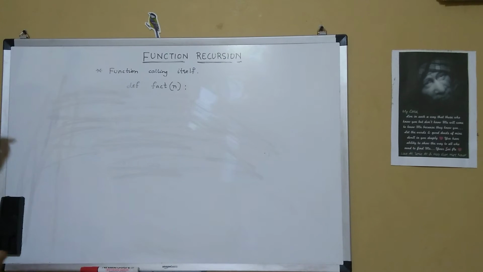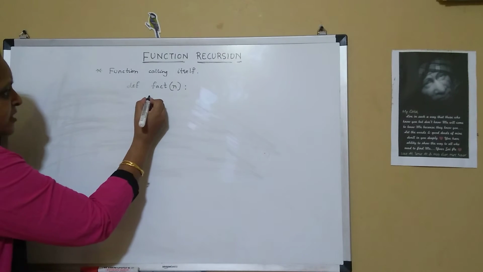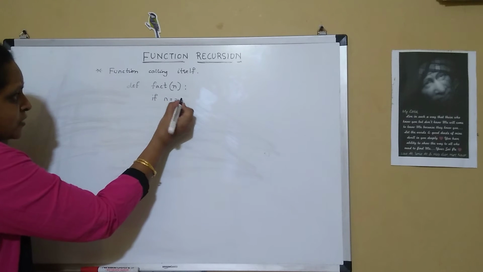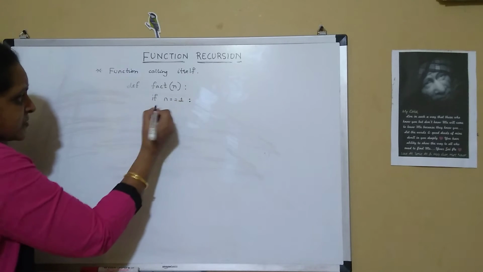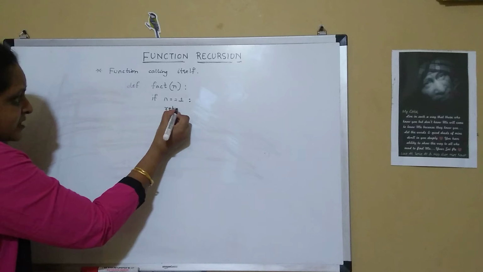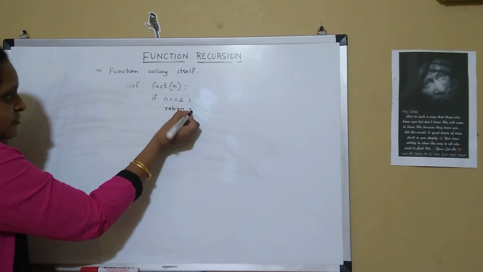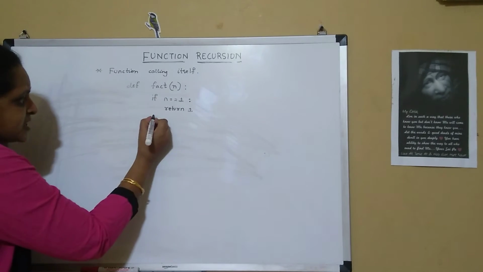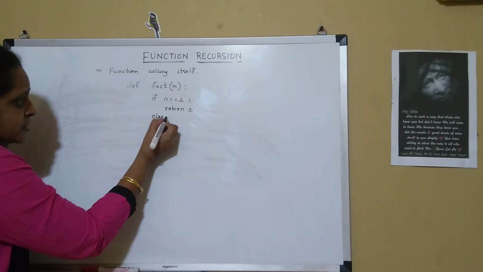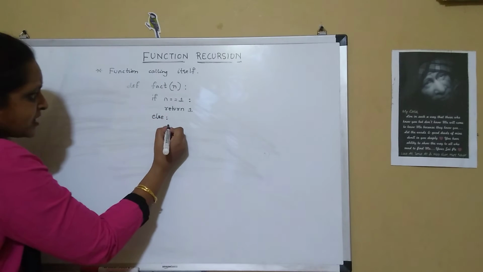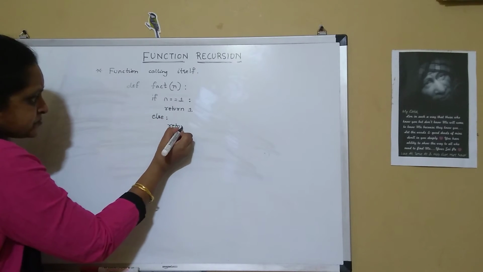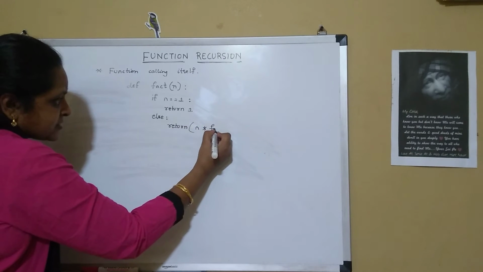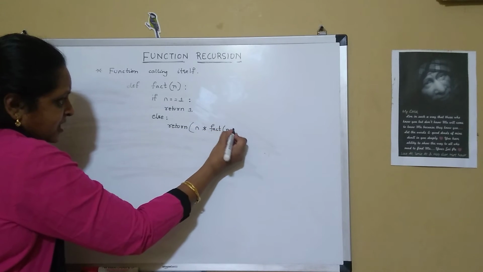So def fact of n. Now I say if n equal to 1, return 1. Factorial of 1 is 1. So it will return 1. If the number is not equal to 1, it will go into the else condition and it will return n into fact of n minus 1.